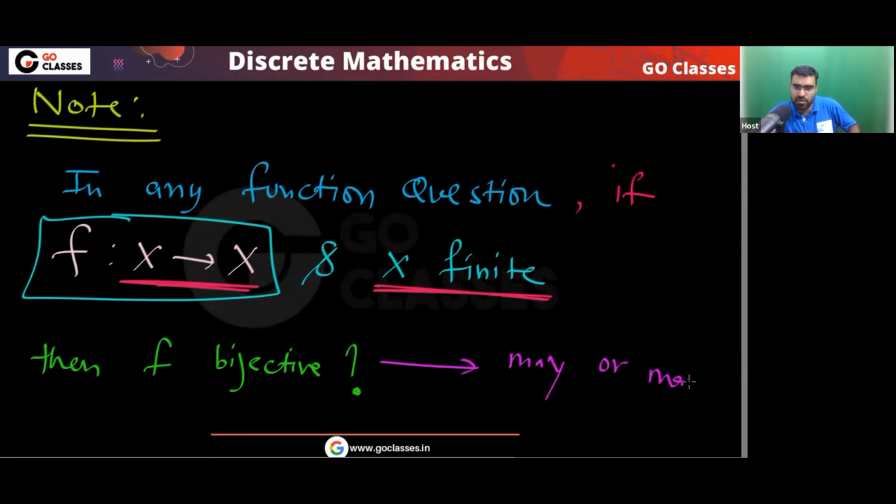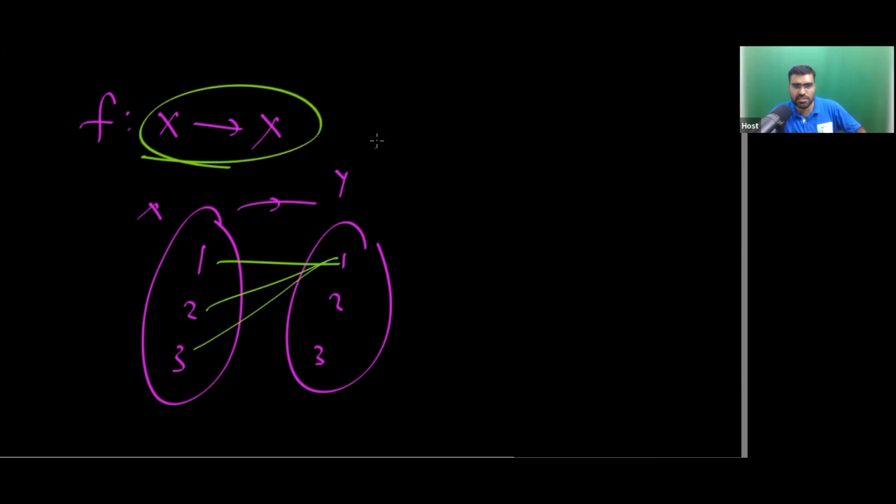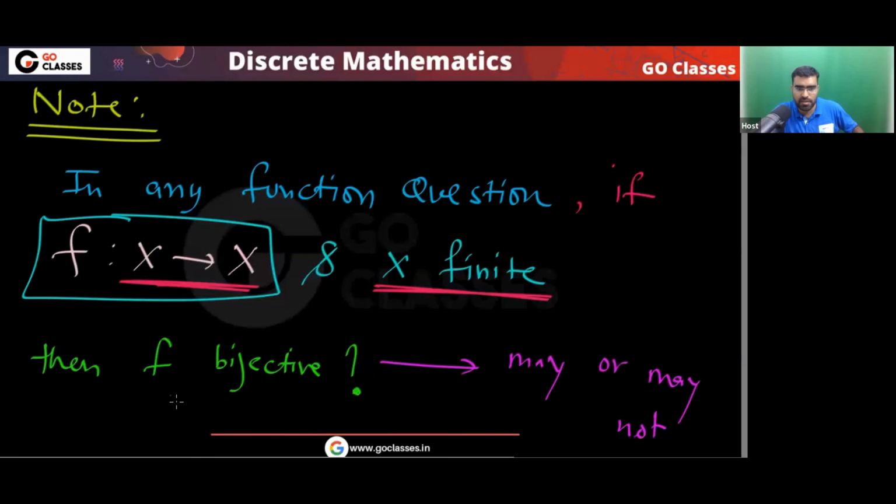For example, take this function from X to X, 1 to 3, 1 to 3. Look at this function. This is from X to X, X is finite. Still, this is not bijective. So don't say that. But what you can say?